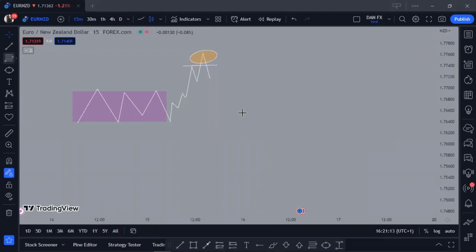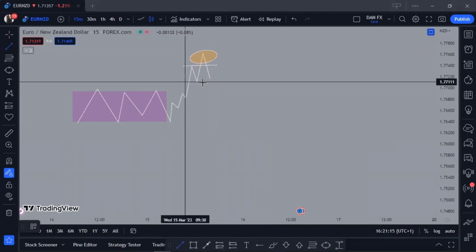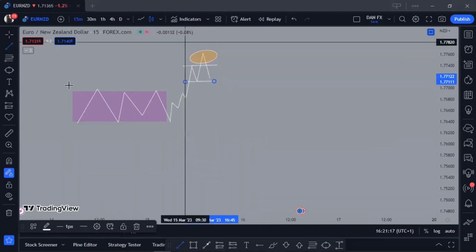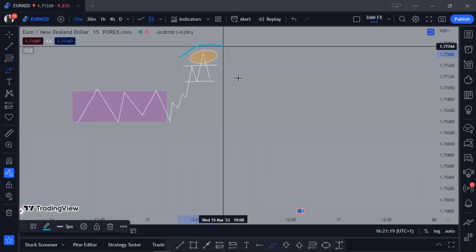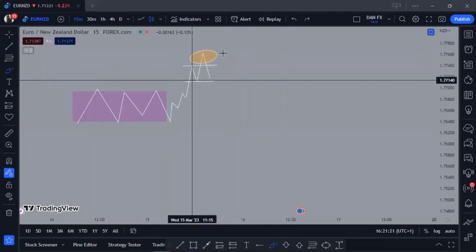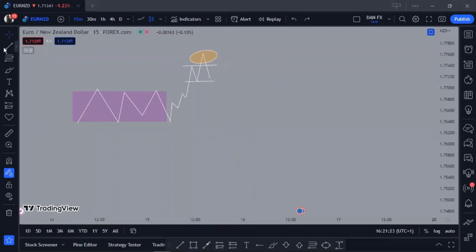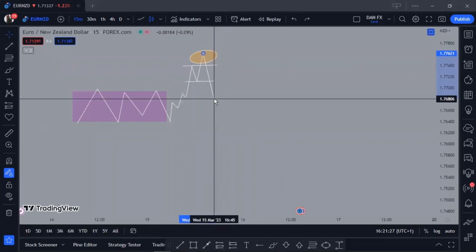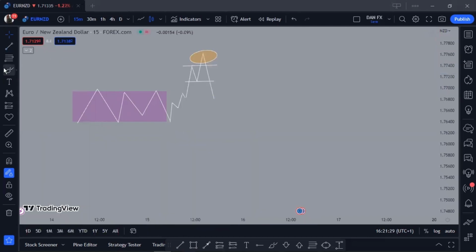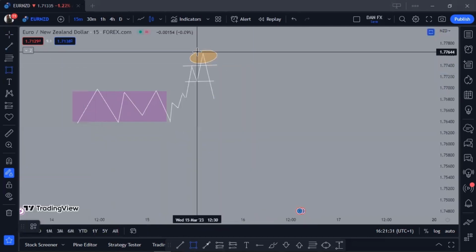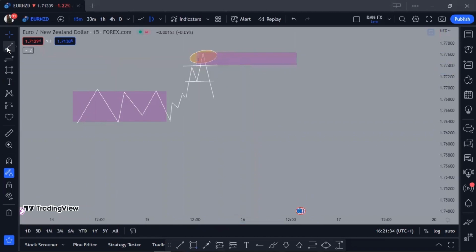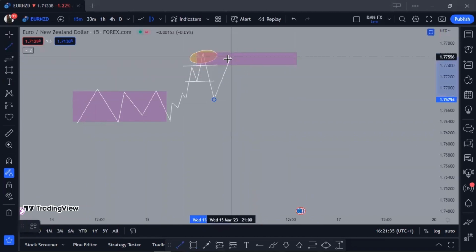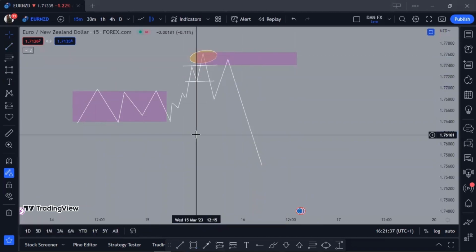So now you're going to wait for them to break this structure. This could be in the form of an M formation, and it could also just be a pullback. But you wait for them to break structure, and when they break the structure like this, you're going to draw your order block, and then wait for them to go back to that order block and then reverse from there, right?